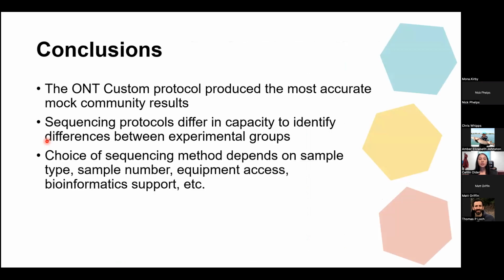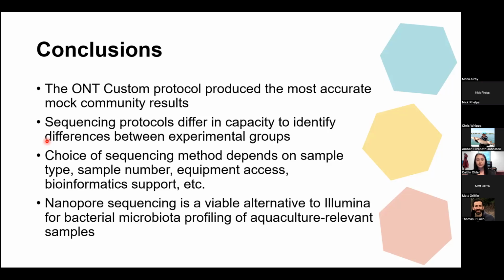I think it's really important to emphasize that your choice of sequencing method depends on quite a few things, like your sample type, the number of samples that you have, your access to equipment, and also your bioinformatics support. But overall, I think nanopore sequencing has been proven to be a viable alternative to Illumina for bacterial microbiota profiling of aquaculture-relevant samples in certain situations.